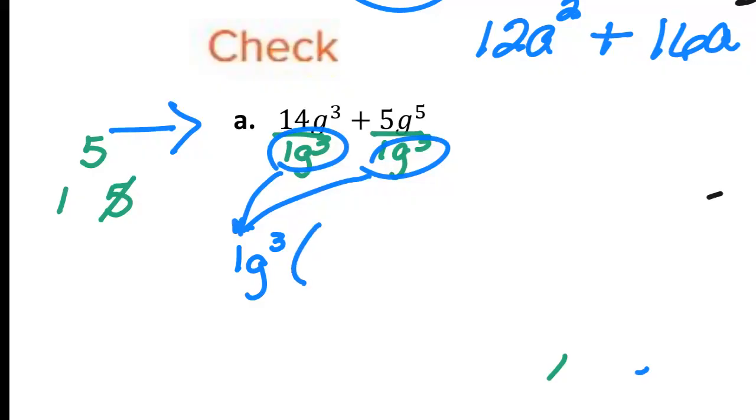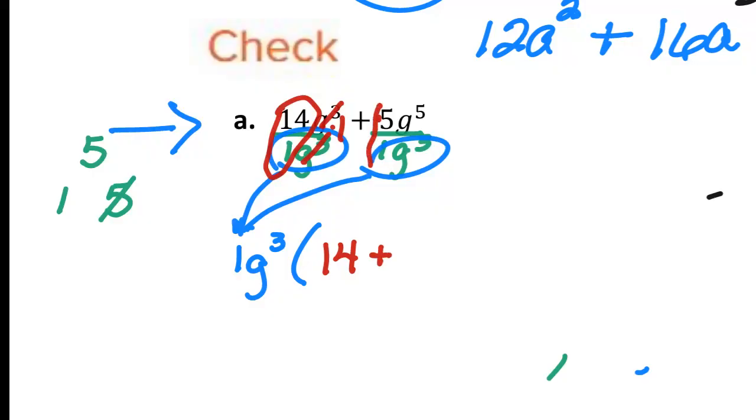All right, so now we got to divide. What is 14 divided by 1? 14, right? And what is g to the 3rd divided by g to the 3rd? How many g's would you have left? Not 1. You wouldn't have any left, but since you're dividing, you could say you're multiplying by 1, right? G to the 3rd divided by g to the 3rd is 1. So we just have that 14 there.